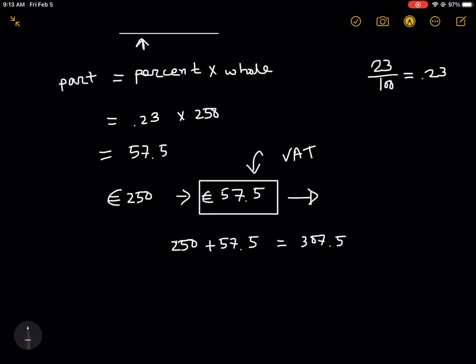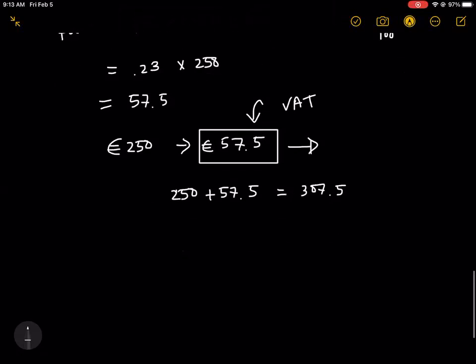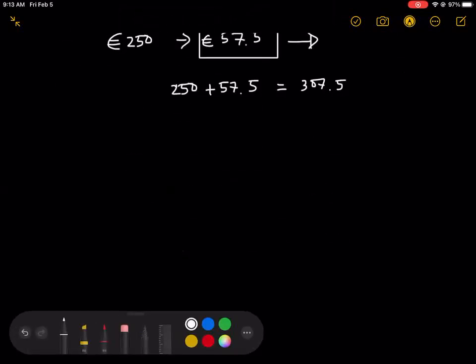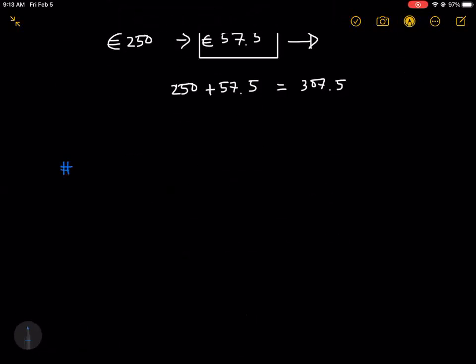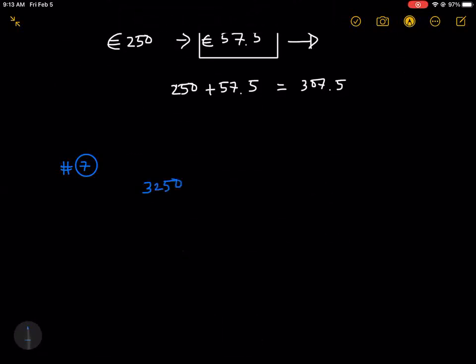Okay, so let's try exercise 7. It says the population of a town increased from 3250 in 2008, and in 2010 it increased to 4300.